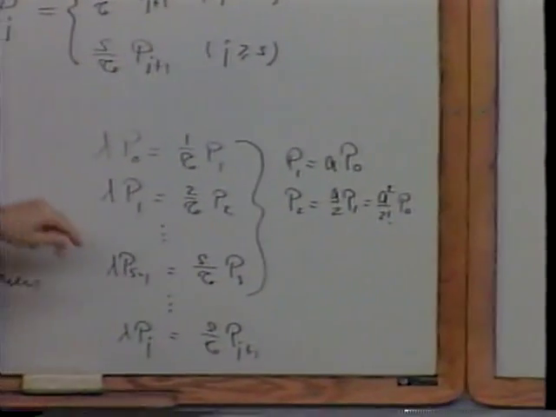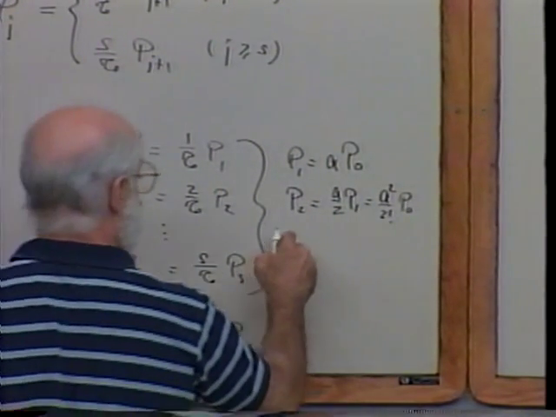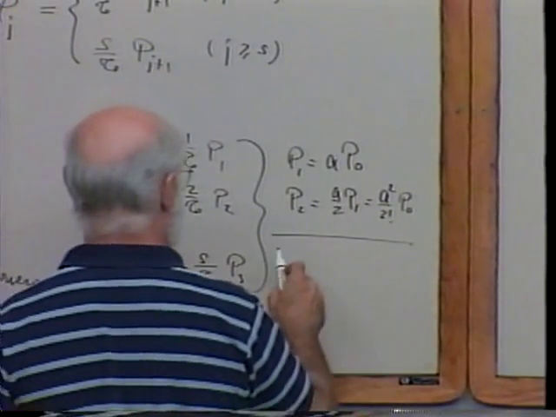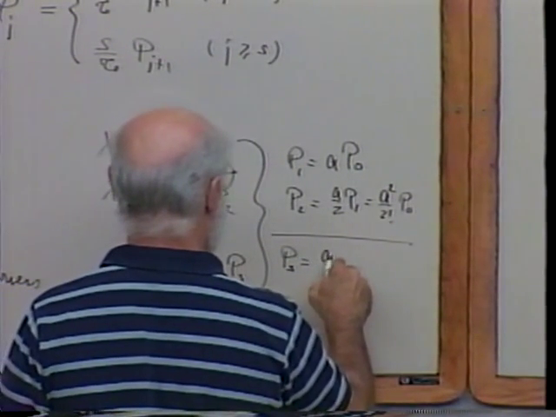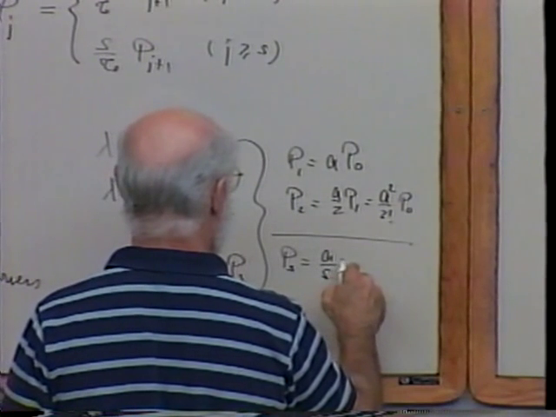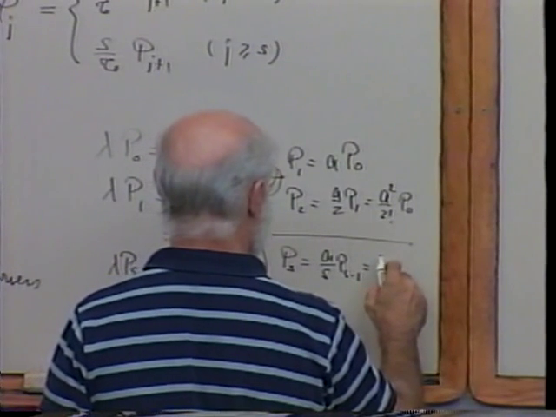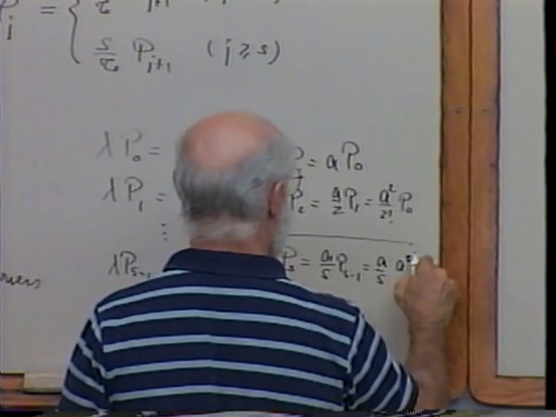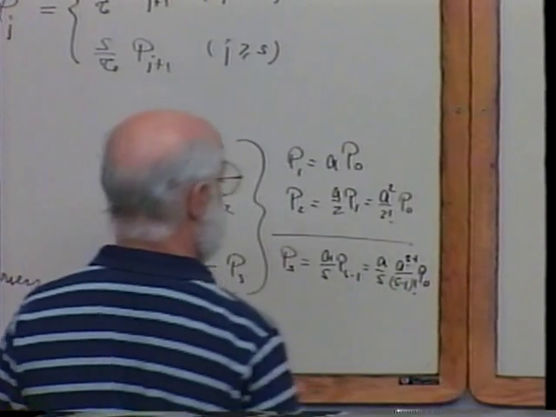Okay, now, how about when j runs from s to infinity? Now the equations are going to look a little bit different. Let's see, I'll write them here. In the case of s, I'm going to find that p sub s is equal to A over s times p(s minus 1), which is equal to A over s times A to the s minus 1 over (s minus 1) factorial P0.